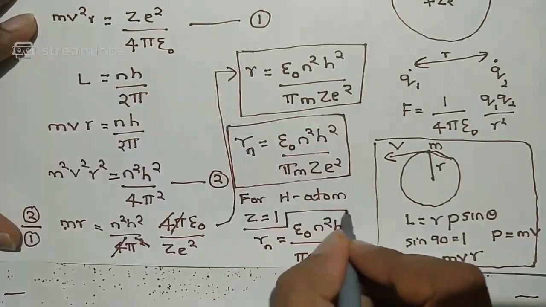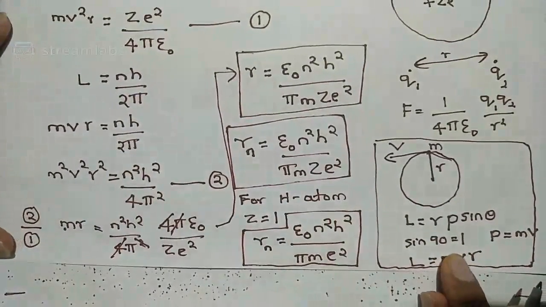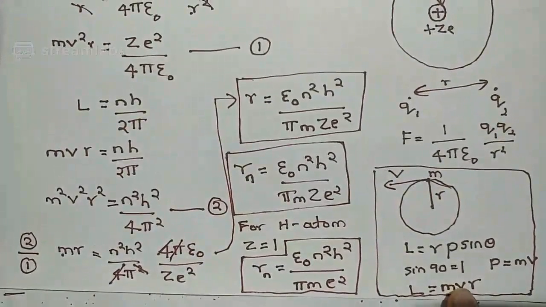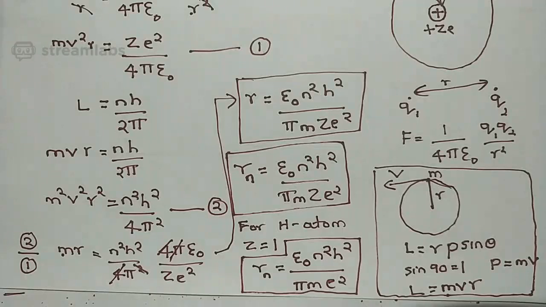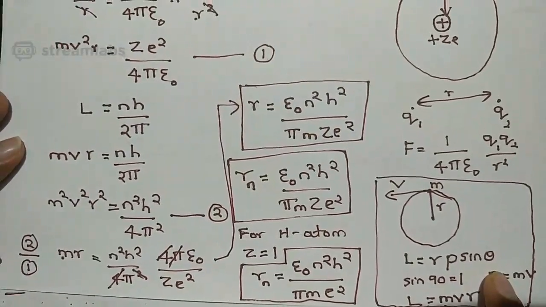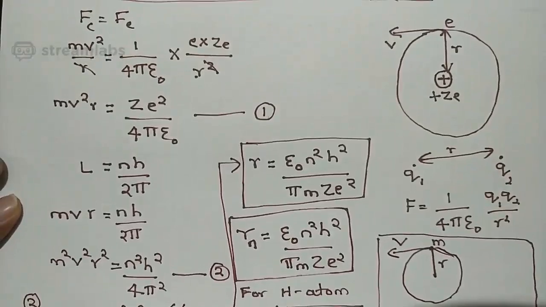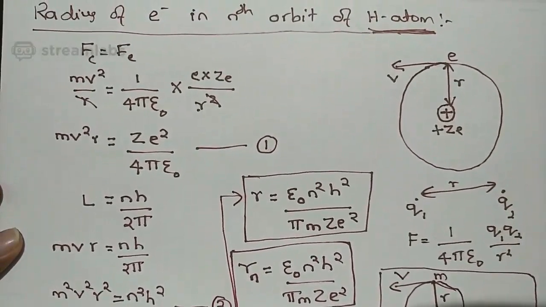That is the expression for the radius of the electron in the nth orbit of the hydrogen atom. So this is a simple derivation, a very important 5-mark question.